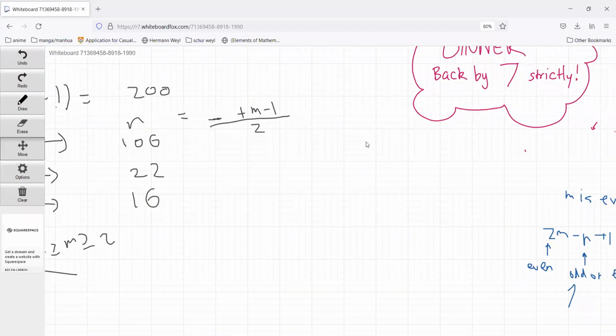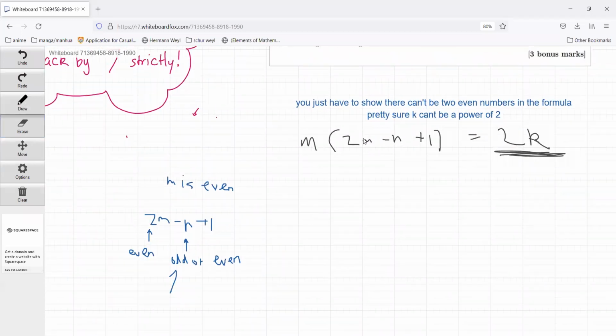It should be 2n. Right, so basically we do have that these two are always opposite sign.